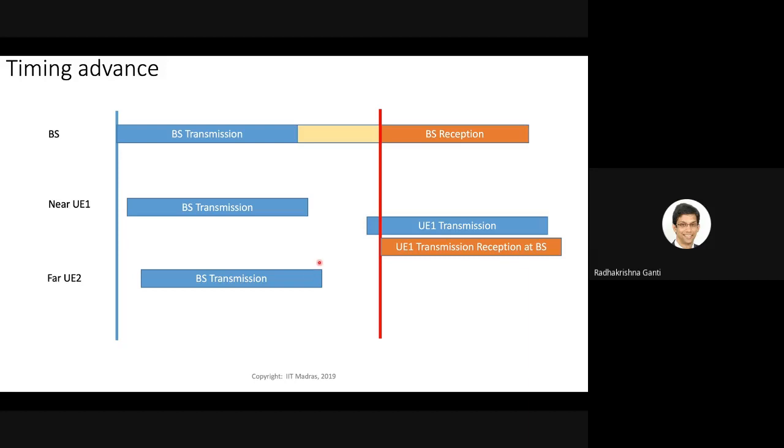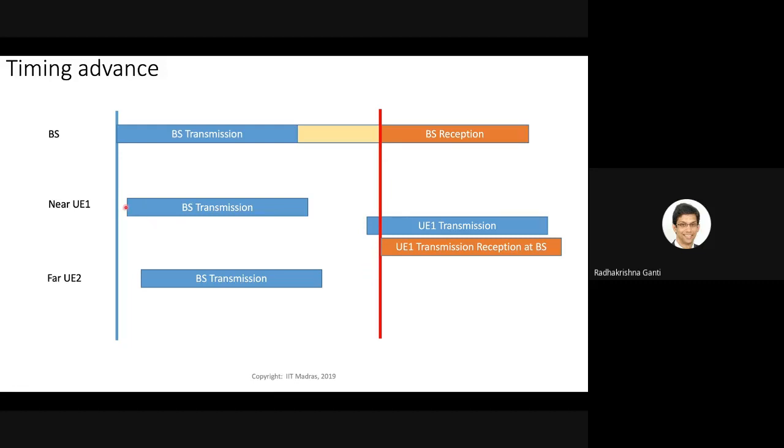Now what happens after some time? The UE received it, then the UE should transmit. Wherever the UE transmits, it should make sure that its transmission as received by the base station is aligned with this red line. So what does it do?